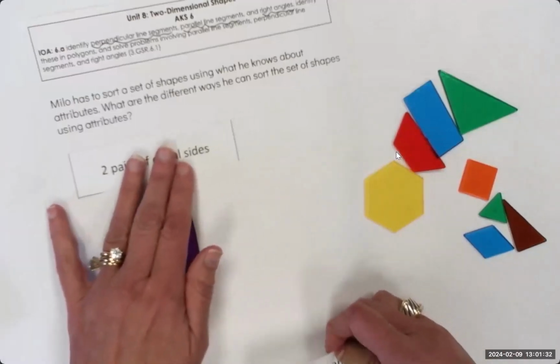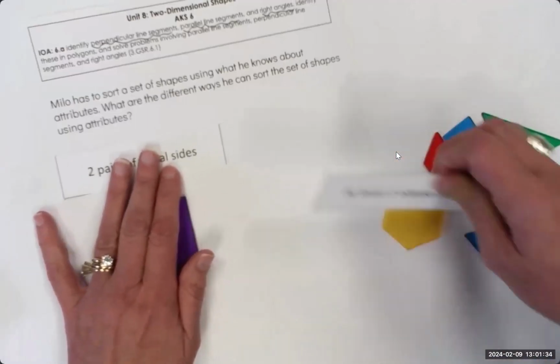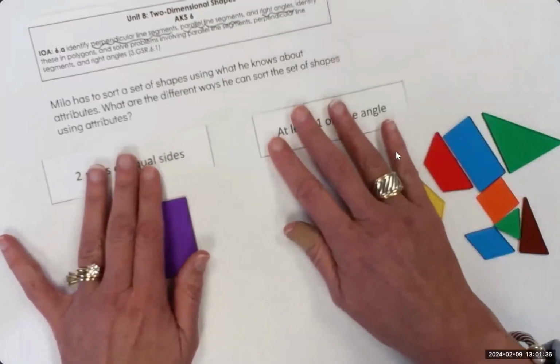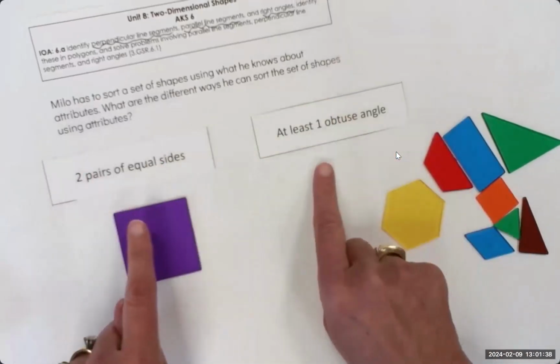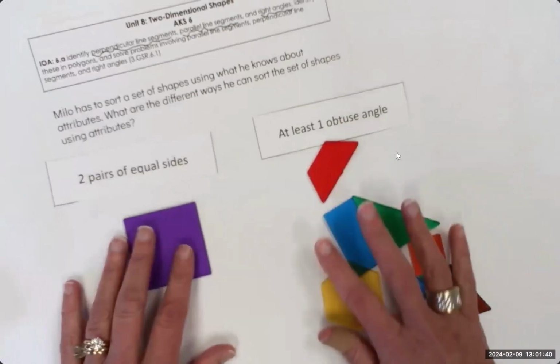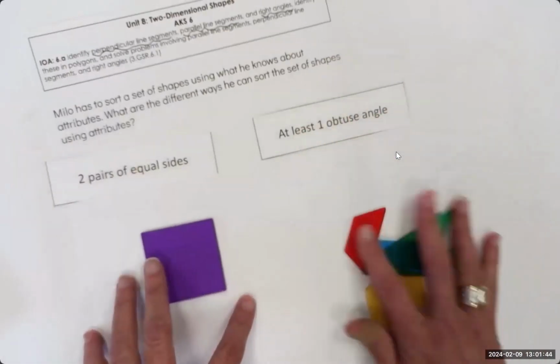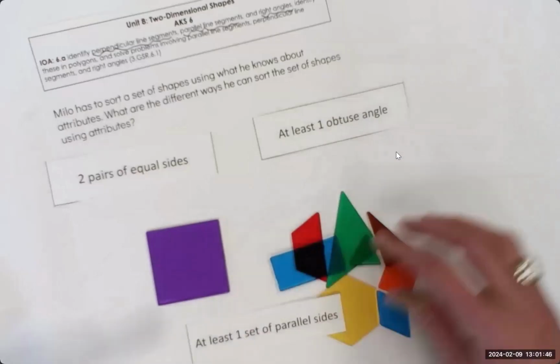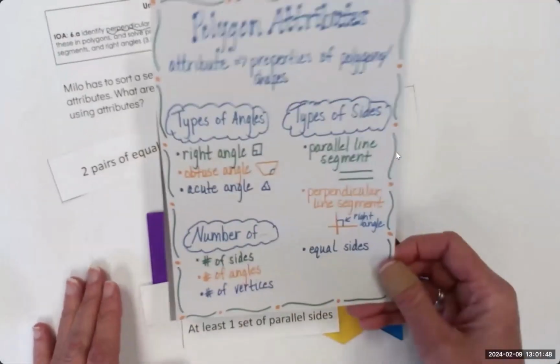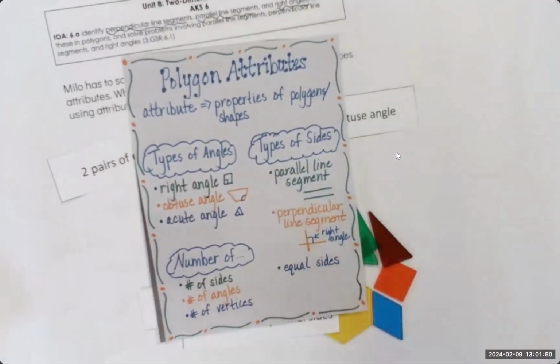And as your kids gain access to identifying these attributes, go ahead and let them identify two attributes using the same group of shapes, and you will use a Venn diagram to do that, okay? But the important thing here is to know what these attributes are and what they mean. You can learn more about this in our Analyzing the Standards document. Please feel free to go check it out.